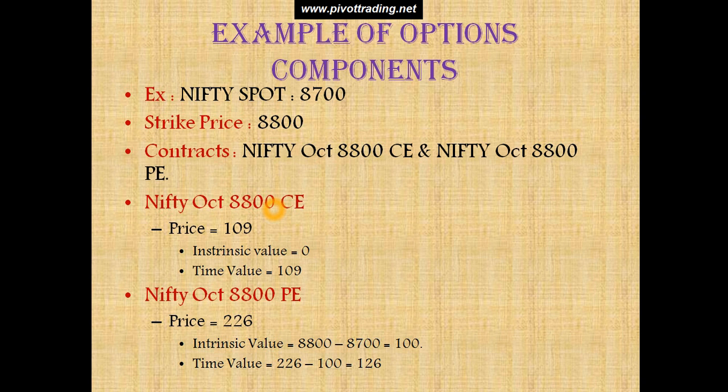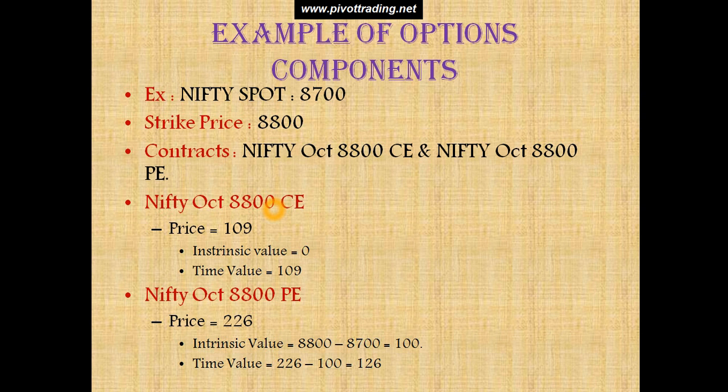Now understand, today Nifty is 8700. And you are saying today itself that I am going to buy Nifty at 8800. It means you are paying 100 rupees more. Correct? The 8800 is not yet reached. 8800 is still 100 points away.